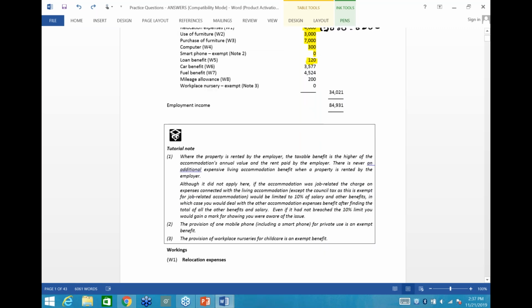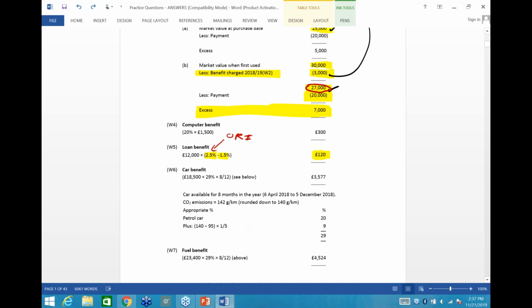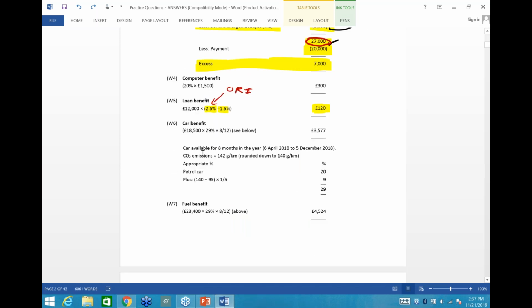In this instance, you need to be careful. I must correct myself. I made a small mistake here. You need to always round it down to the nearest multiple of 5, all the time.